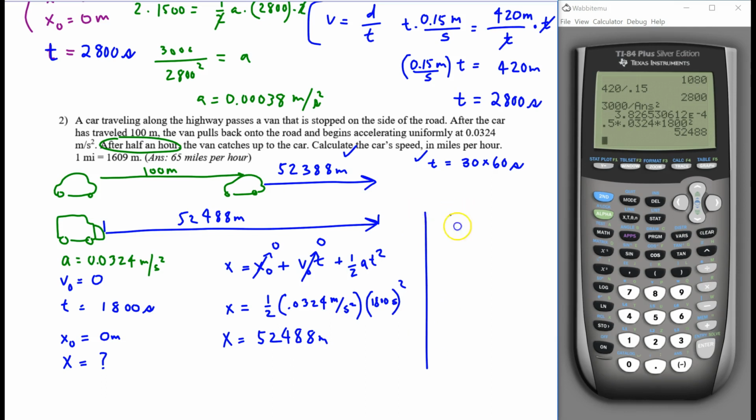The car's speed is constant, so we can use this equation. Again, we know the distance the car travels for this last leg. We know the time it takes the car to travel that last leg, so we can find the car's constant velocity, or speed. We plug in the distance, we plug in the time.